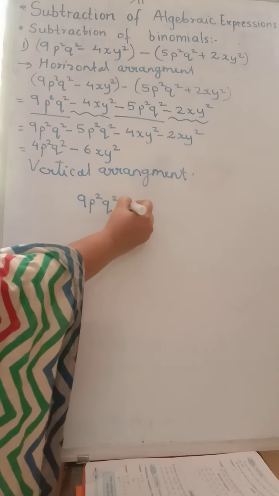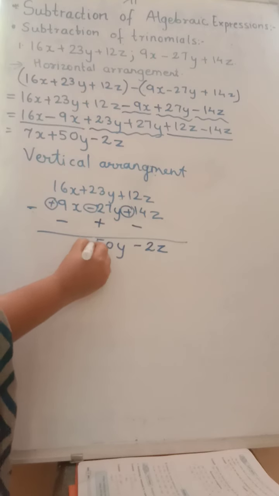And now do the addition or subtraction. So we'll start from the last term. Plus minus will become minus. So 14 minus 12, 2z. Okay. And greater number is 14 and its sign is minus. Okay children. Now plus plus plus. 23 and 27 will give us 50y. Common sign is plus.